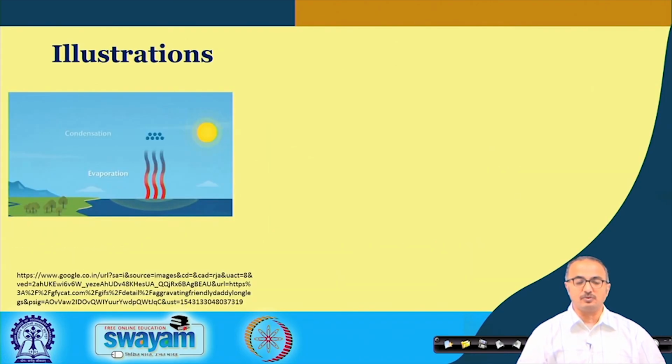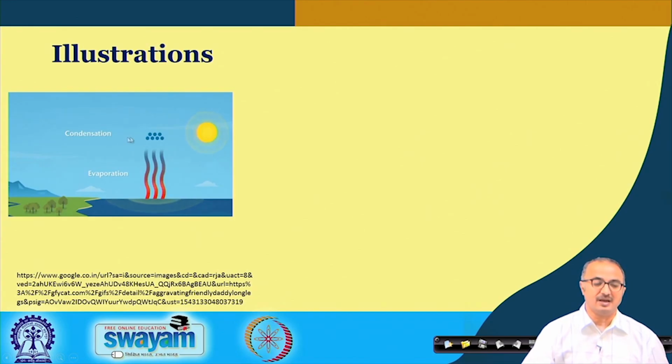Now, next we come to another situation which is very common, that how these clouds are formed, how we get the rain. It is basically that all the water bodies are the source of the water, from which water gets evaporated due to the solar heat. And here in the sky there is a condensation of the water vapor, and then they fall back to the earth to give rain.